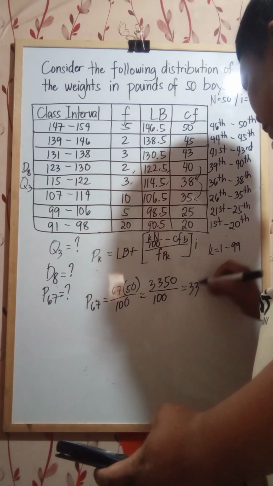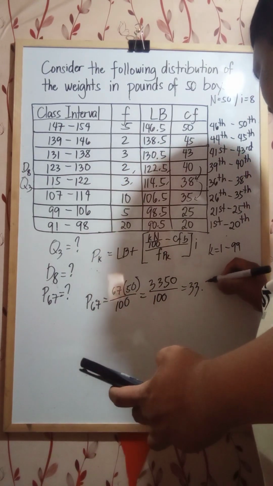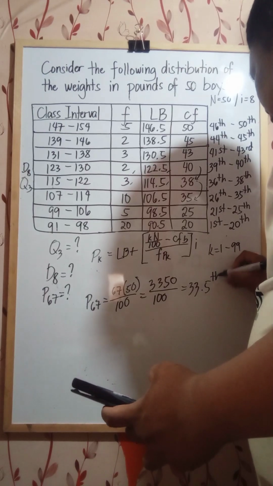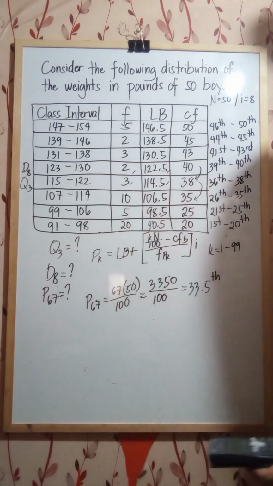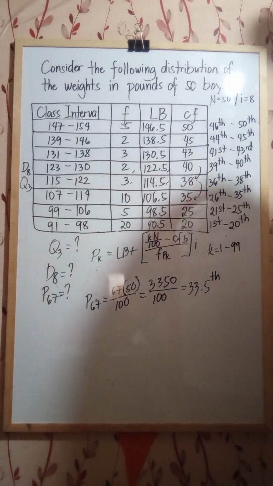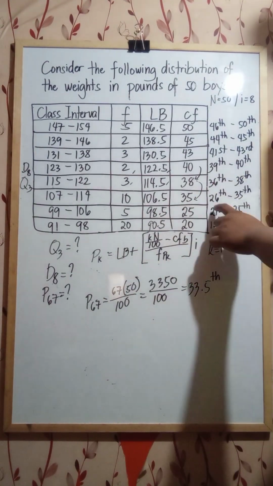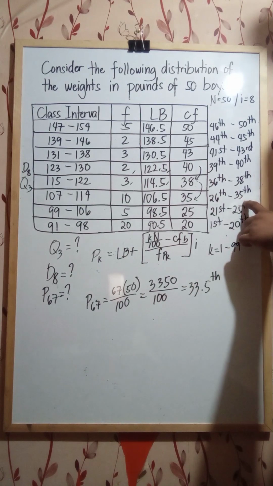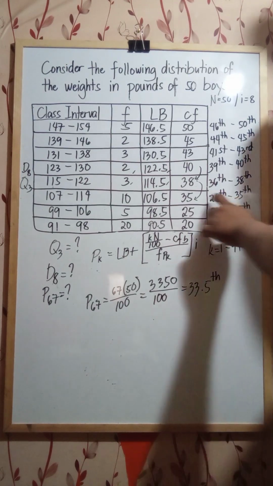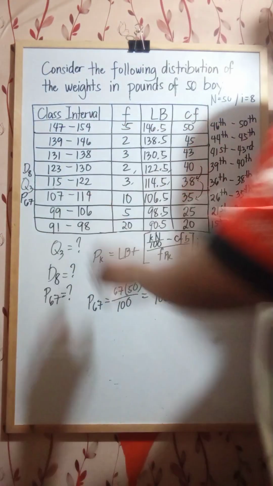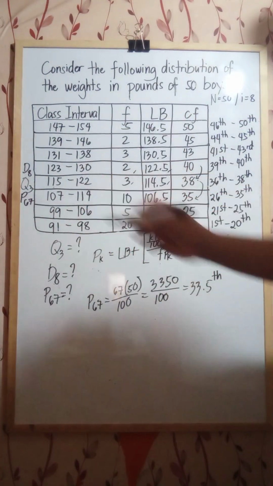It means that the 67th percentile is at the 33.5th place of your data. It is in the 26th to 35th place. So, here is the P sub 67, in the class interval 107 to 114.